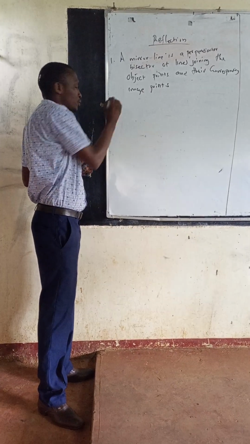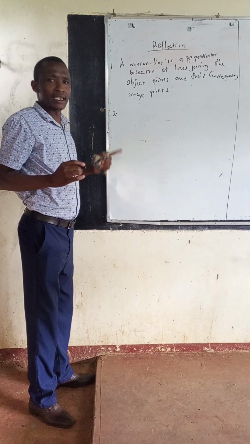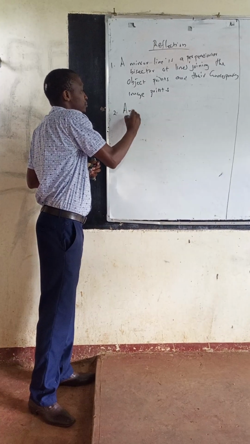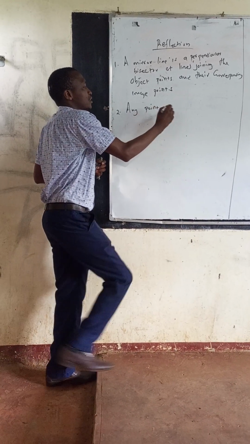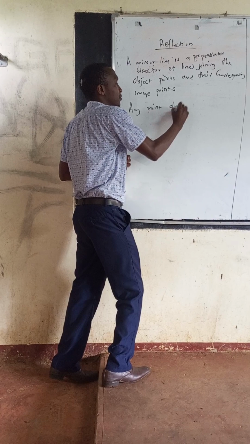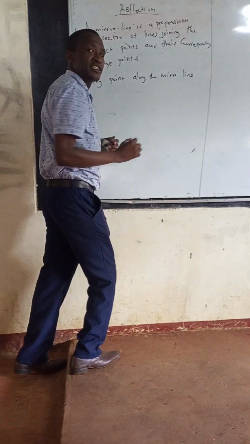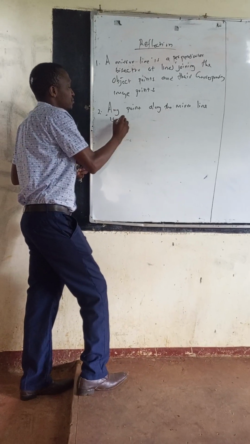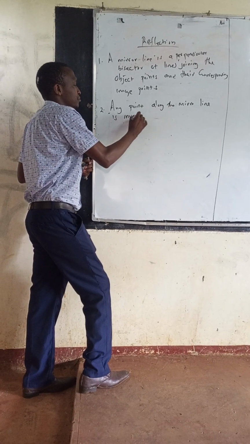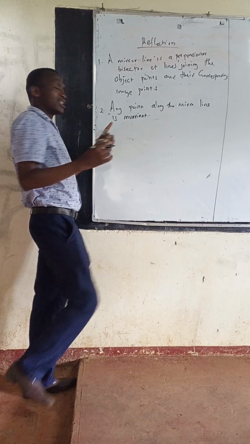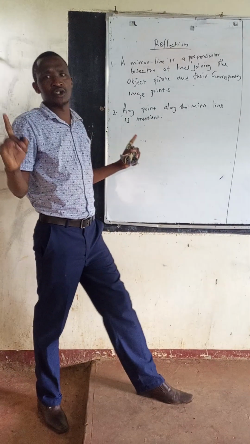Another thing you need to know is that any point along the mirror line is invariant, where the word invariant means it cannot change its position.